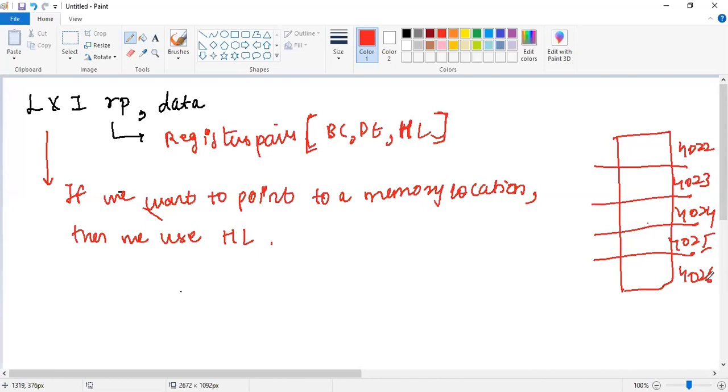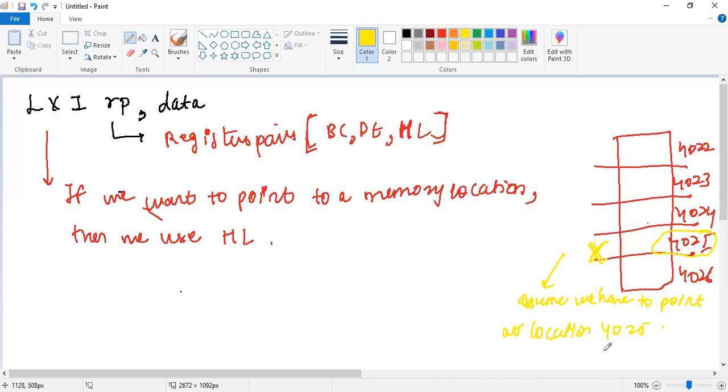Assume we have to point to the memory location 4025. So this number must be in your HL. Just for simplification, keep this in your mind. Assume we have to point at location 4025.